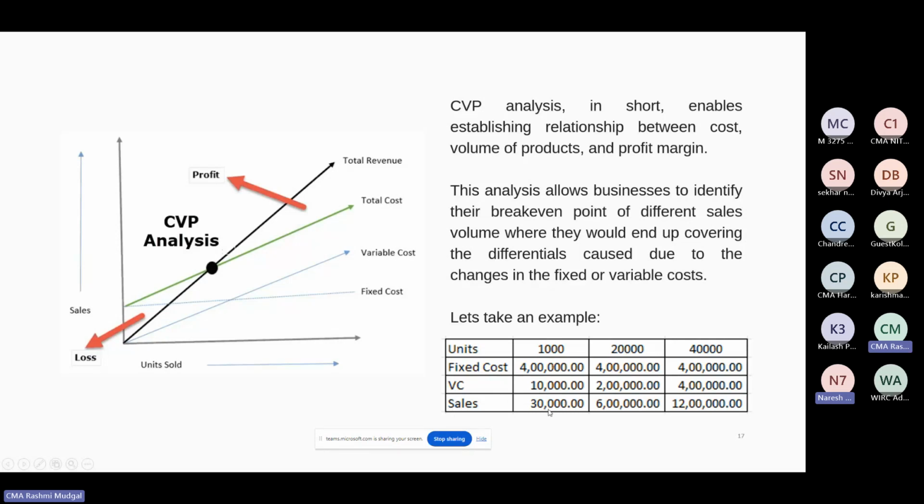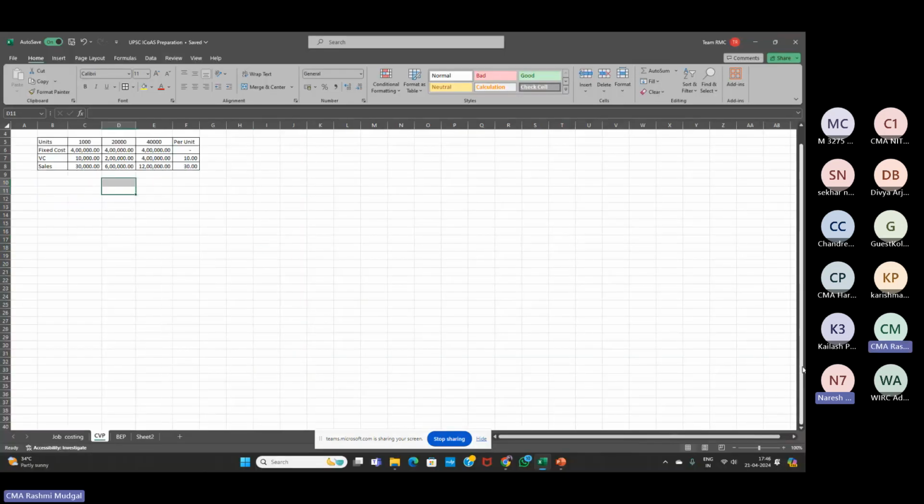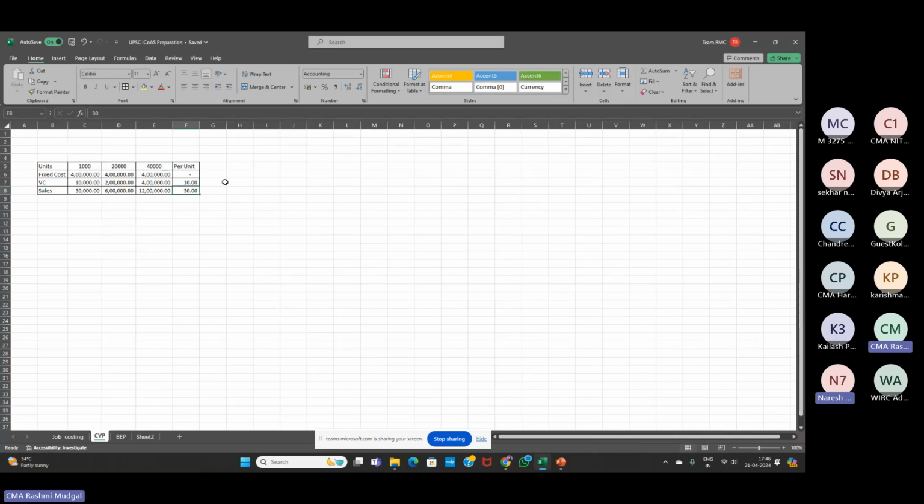And as I can see here, the selling price is 30. So sales is 3 lakh at 10,000 units, 6 lakh at 20,000 units, and 12 lakh at 40,000. So what I did, I made it into Excel form, where I can see 30 rupees is my selling price and 10 rupees is my variable cost. I have calculated as per this. Now I will make a chart with this.